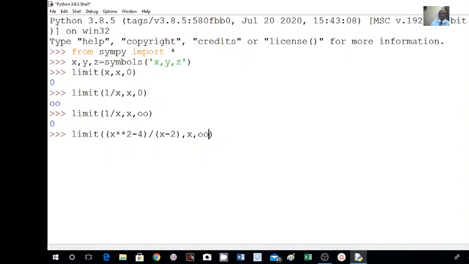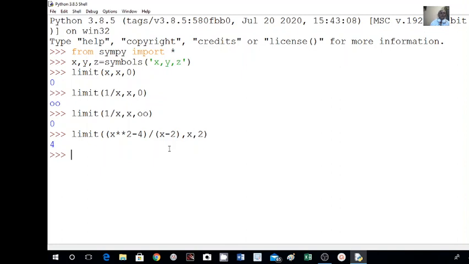Here I will take x tends to 2. So x square minus 4 divided by x minus 2 as x tends to 2. I think its value is equal to how much? 4. Yes, this is equal to 4.